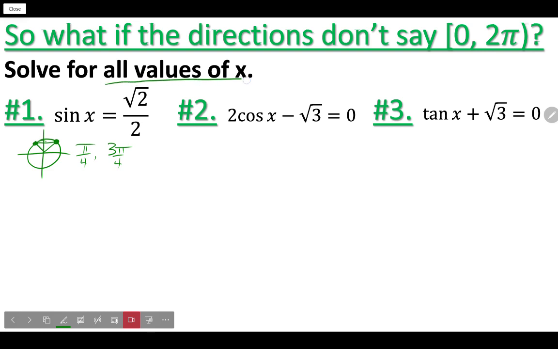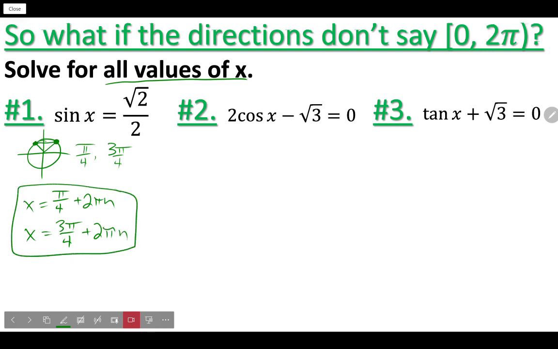But to name all values of x, we're going to name it as pi over 4 plus 2 pi n. And 3 pi over 4 plus 2 pi n. That's how I would name every solution to that first equation.